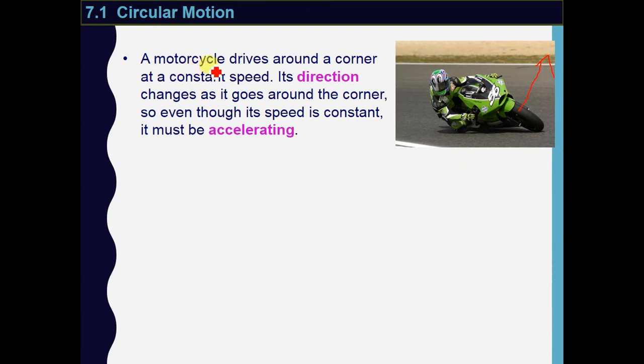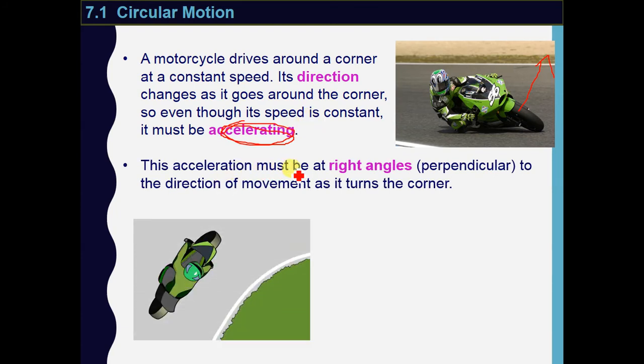So a motorcycle drives around a corner at a constant speed. Its direction changes for sure as it goes around the corner. So whenever any object goes in a circle, its direction changes. So even though its speed is constant, it must be accelerating. This acceleration is due to the change in direction. This acceleration must be at a right angle, perpendicular to the direction of movement as it turns.